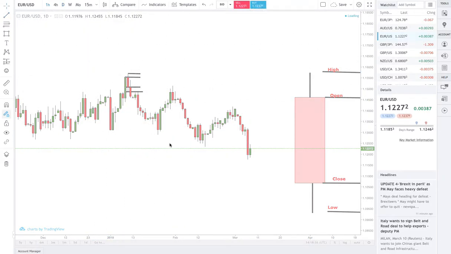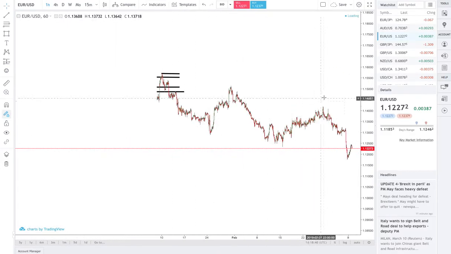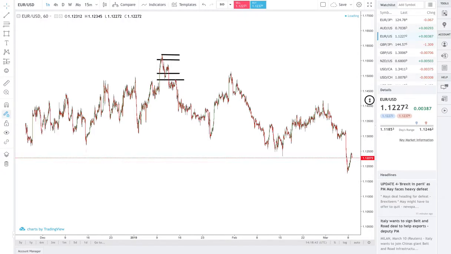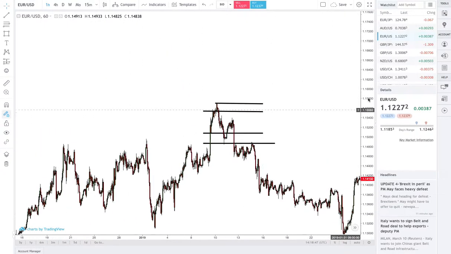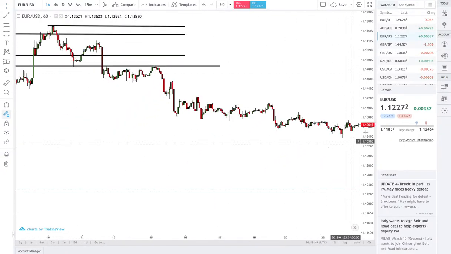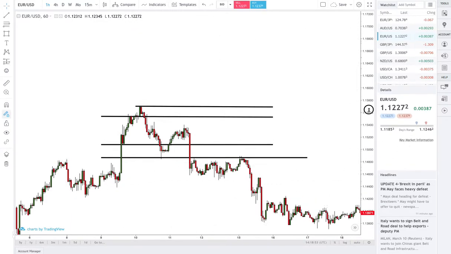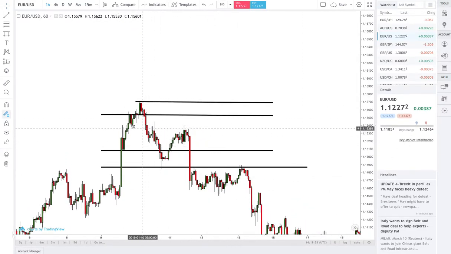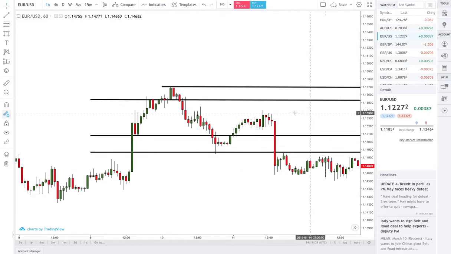Go down to the hour chart, and there we go. That's where we find it. So depending on where this opened, more than likely it was within these candlesticks here.